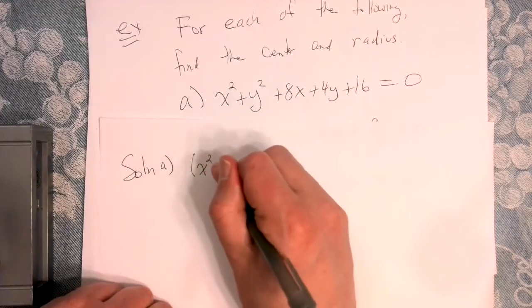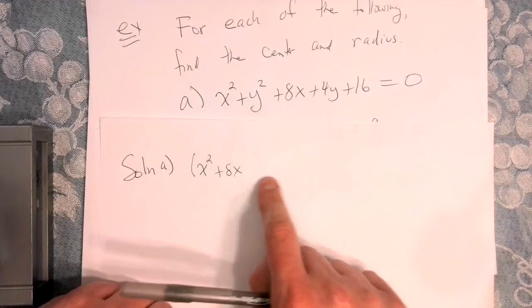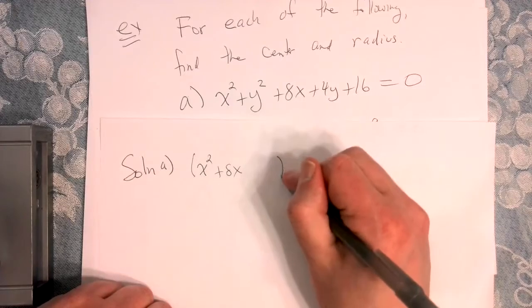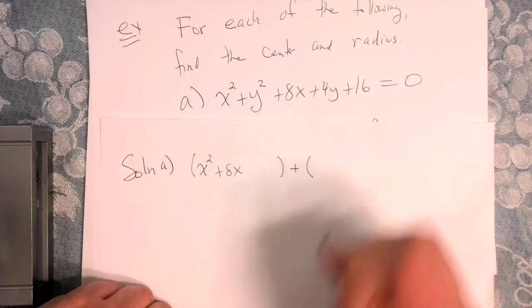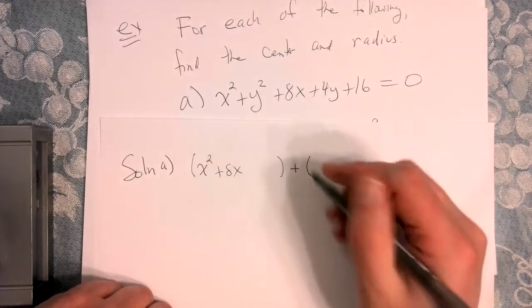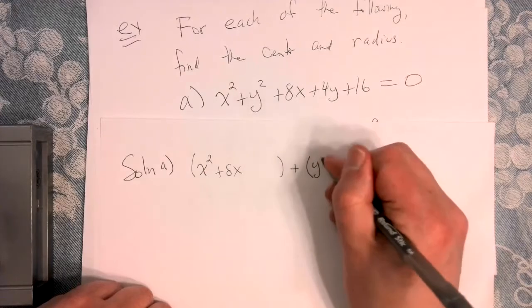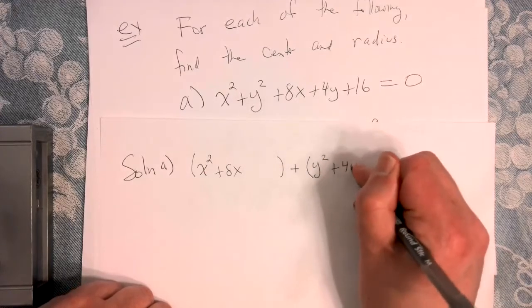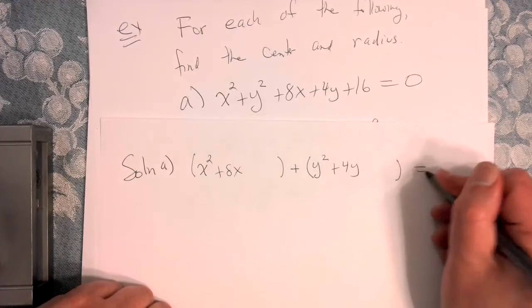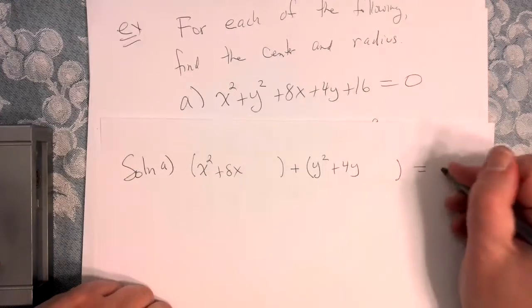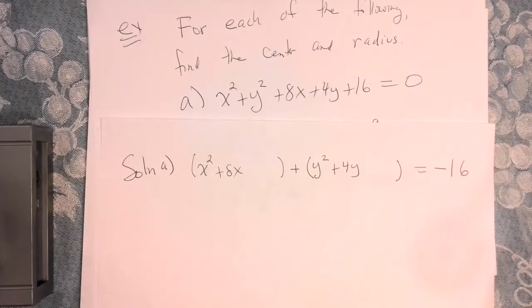So I've got x squared plus 8x. Leave yourself a little bit of room here. Then we're going to gather up the y terms. So that's y squared plus 4y. Leave yourself a little room and just bring any constants to the other side.